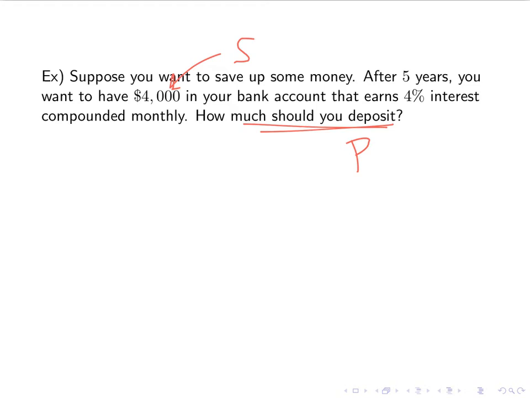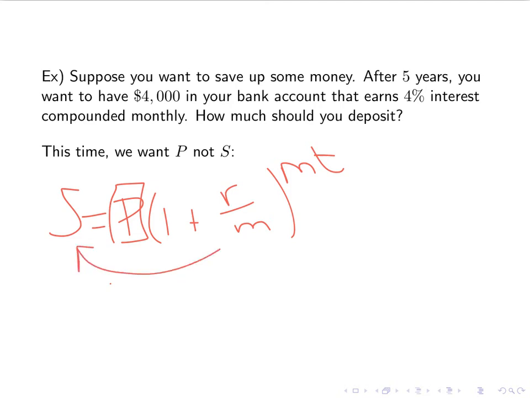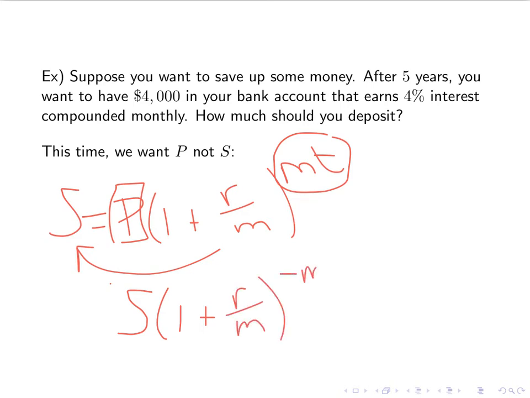So the question is, how do I solve my equation for P? So what I do is I take my original equation and I want to get P by itself. So I divide and I bring this guy over. But when I'm dividing by something with an exponent, remember I can rewrite that as multiplication as long as I take my exponent and make it negative.